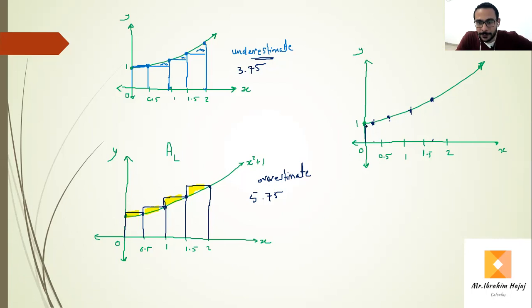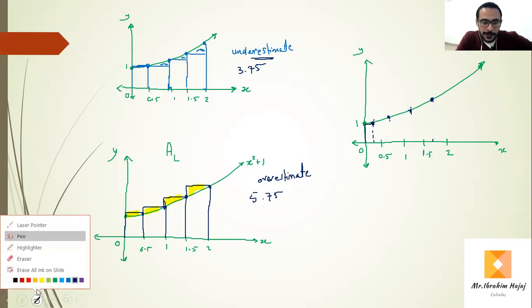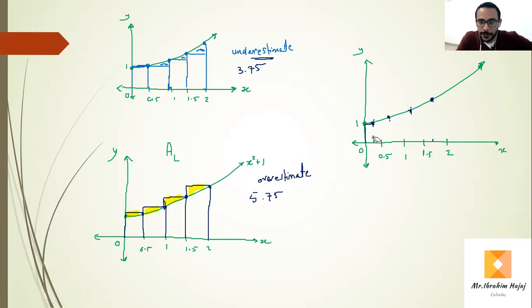So here is 0. Okay. Should be 4 rectangles. I should have the 0.5. It's here. 1, 2, 3, 4. Yes. 1, 2, 3, 4.